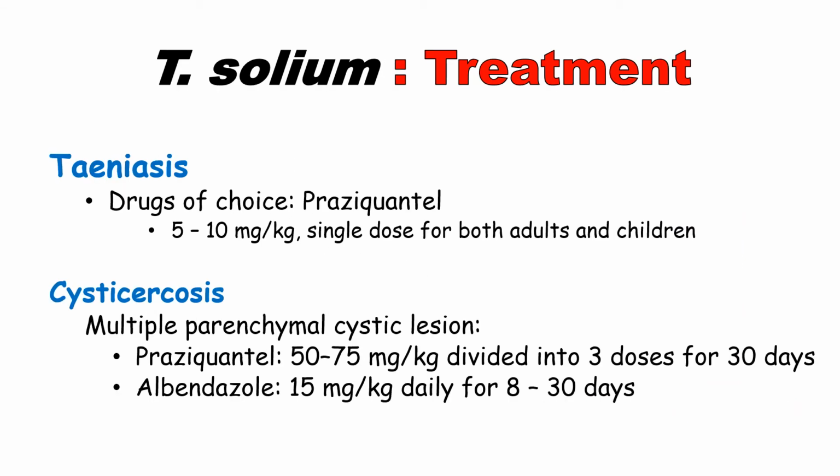For the treatment of taeniasis, the drug of choice is praziquantel, and for cysticercosis with multiple parenchymal cystic lesions, praziquantel or albendazole. For ocular cysticercosis, it should be treated surgically before praziquantel or albendazole is given because ocular inflammation cannot be controlled with steroids.